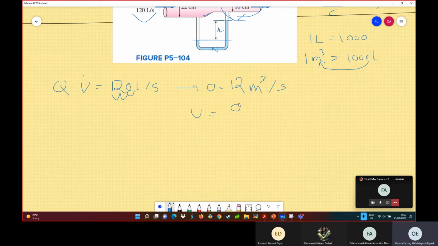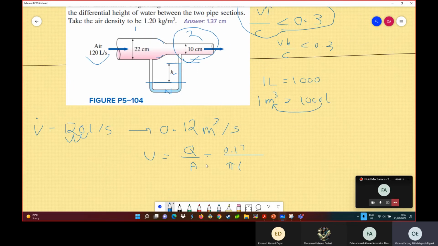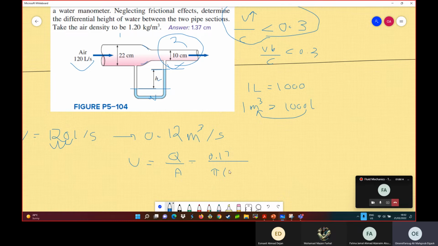The velocity is equal to Q divided by A. So you have 0.12 divided by the diameter, 0.1 meter, squared over 4, times pi. What's the velocity? You have 15.27 meters per second.